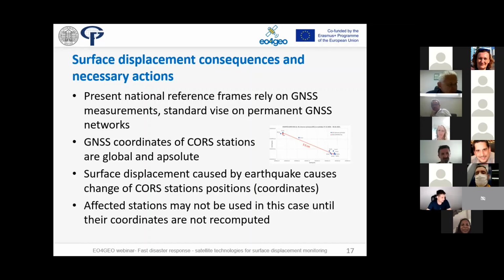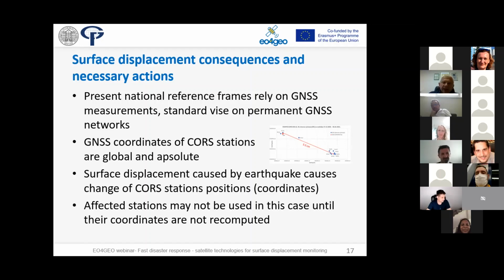Why? Well, very simple. If we want to achieve high accuracies of a few centimeters, in practice we are mainly using kinematic in real time. So basically, VPPS services of the permanent GNSS networks.